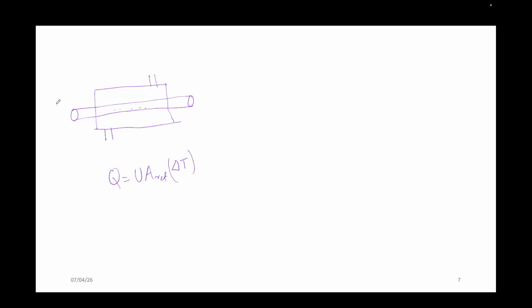Because there are many temperatures. If it is a hot fluid, this is THI, THO, right? And if I take this one, TCI, TCO, and again I am drawing this profile for your understanding. This is THI, THO, this is TCI, TCO.